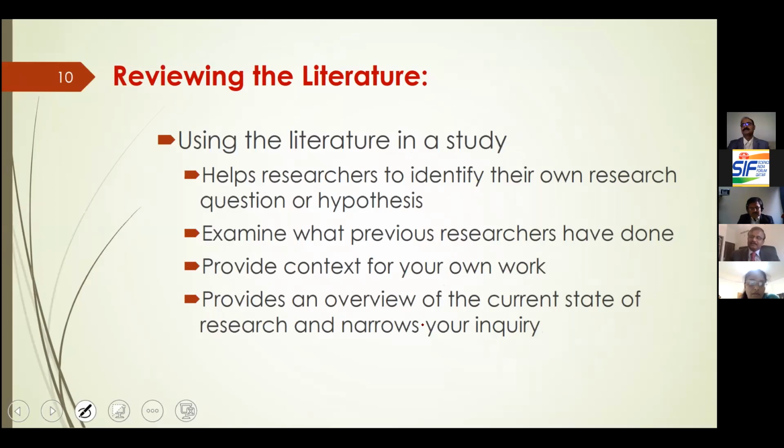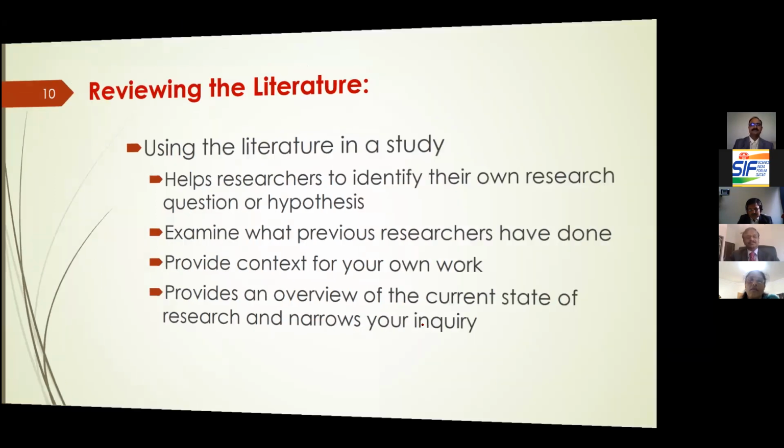Especially as a professor, when a student comes to me, I'm thinking not only about that question, but how can I develop this further? So it helps researchers to identify their own questions, hypotheses, examine what previous researchers have done, provide a context to the type of work that you want to do, and also provides an overview of what is known today and what we can do in future. So this is what literature search does.